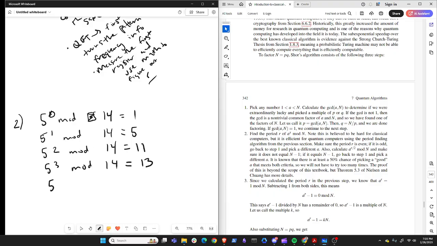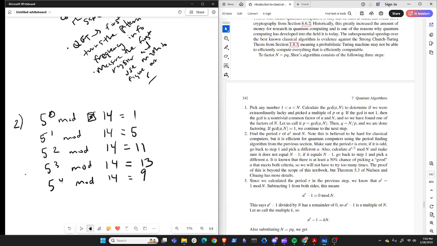We look at 5 to the fourth modulus 14, which gives us, let's see, that's 625. Which gives us 9.